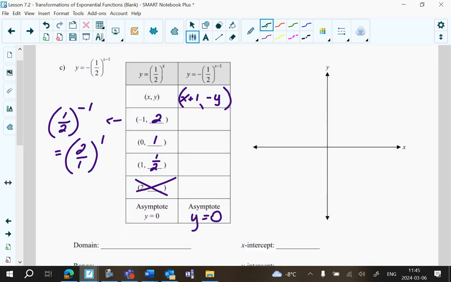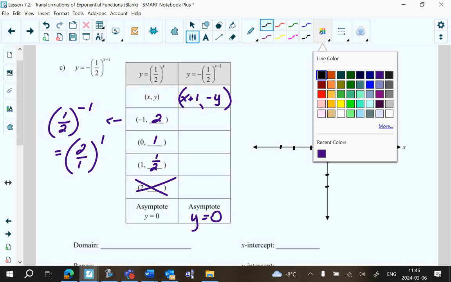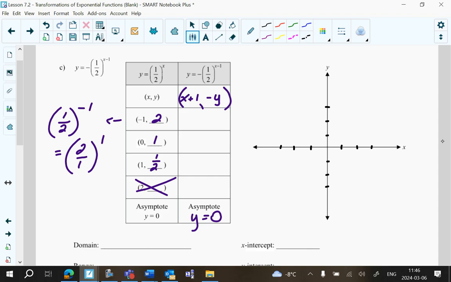So I've got -1, 2. 0, 1, 1, 1/2. The asymptote is still the x-axis, or y equals 0.